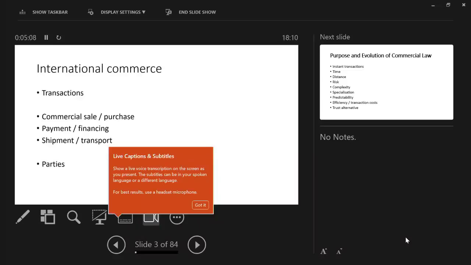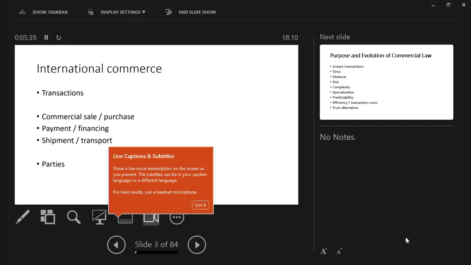But very frequently in international commercial transactions, the delivery involves various aspects of time and distance. Whatever is being purchased and sold has to make it from where it is to where it's desired to be. And note that that's not necessarily where either the purchaser or the seller are.